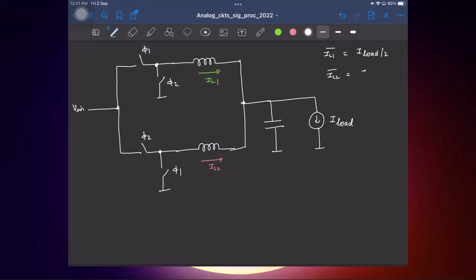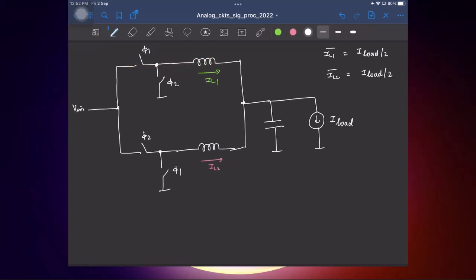IL2 average is also I load by 2, right? So basically each branch needs to only provide half the current that is demanded by the load. Okay, and that will make sense because if you look at it, each inductor is connected to the output for 1/2 the time.